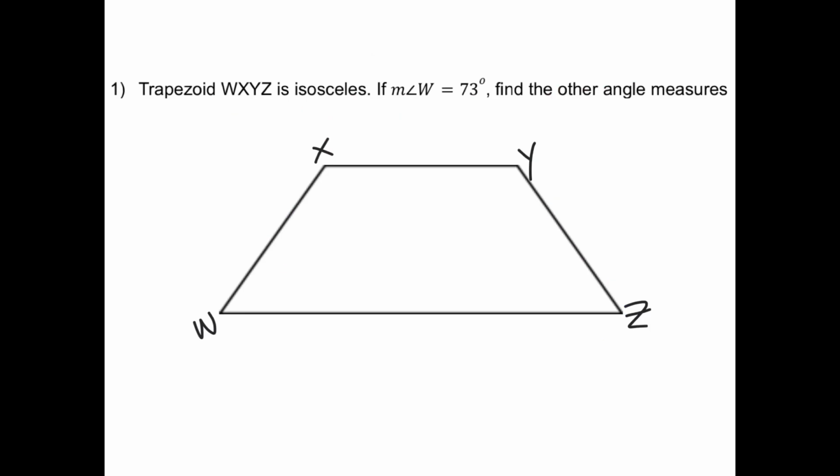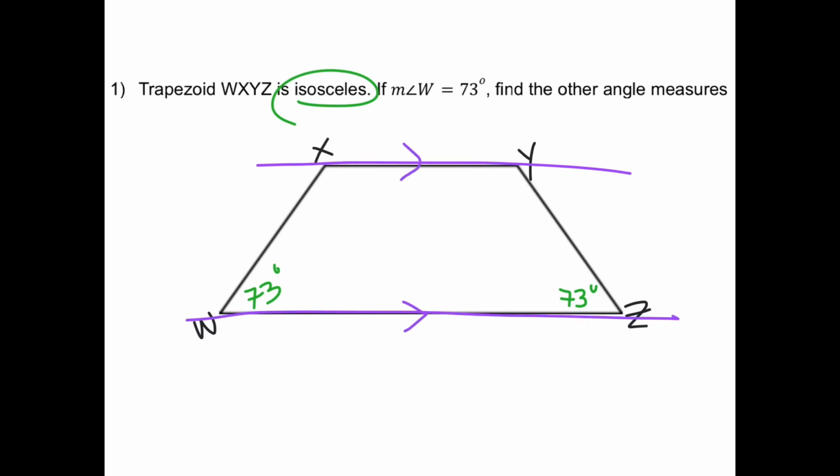So in this trapezoid, which says the measure of angle W is 73, it tells me that it's isosceles, which means that angle Z is also going to be 73. And then I'm going to try to use my properties of trapezoids to figure out the other two angles. So these are parallel, and then this would be my transversal.